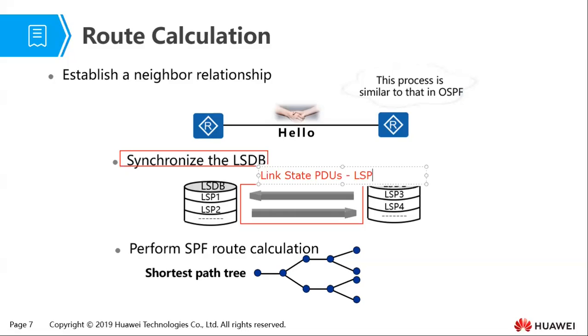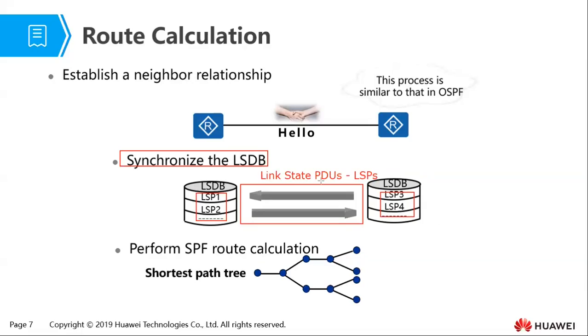So going forward, we will be talking of LSPs. That is why you can see here, we have LSP1, LSP2, and so on and so forth. Here we have LSP3, LSP4, and so on and so forth.